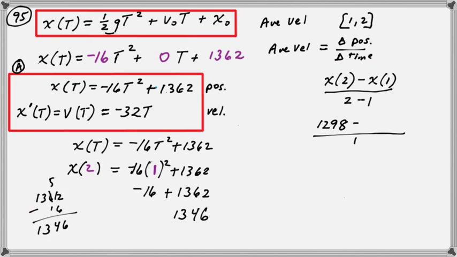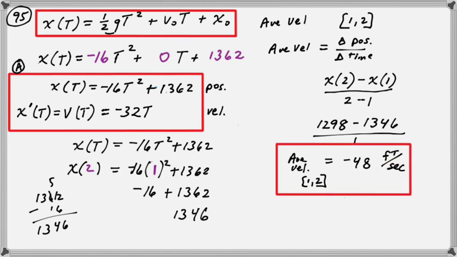So if you put in a 1, you get 1346. If you subtract, I think you get a negative 48. And that is what's called the average velocity on this time interval, and that would be in feet per second. So that's the average velocity.